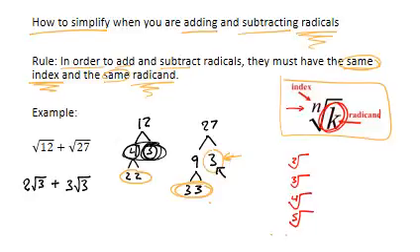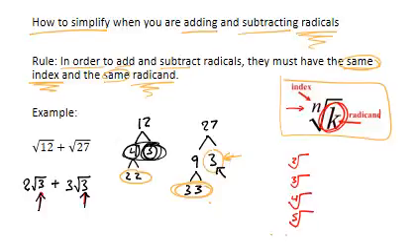So now that I've simplified each radical, here's what you're going to notice. We already have the same index, but take a look at the radicand. Both radicands after simplification are now 3. I am now set up to be able to add these two together. Think about it as adding like terms. I have 2 root 3's right here and another 3 root 3's right here.